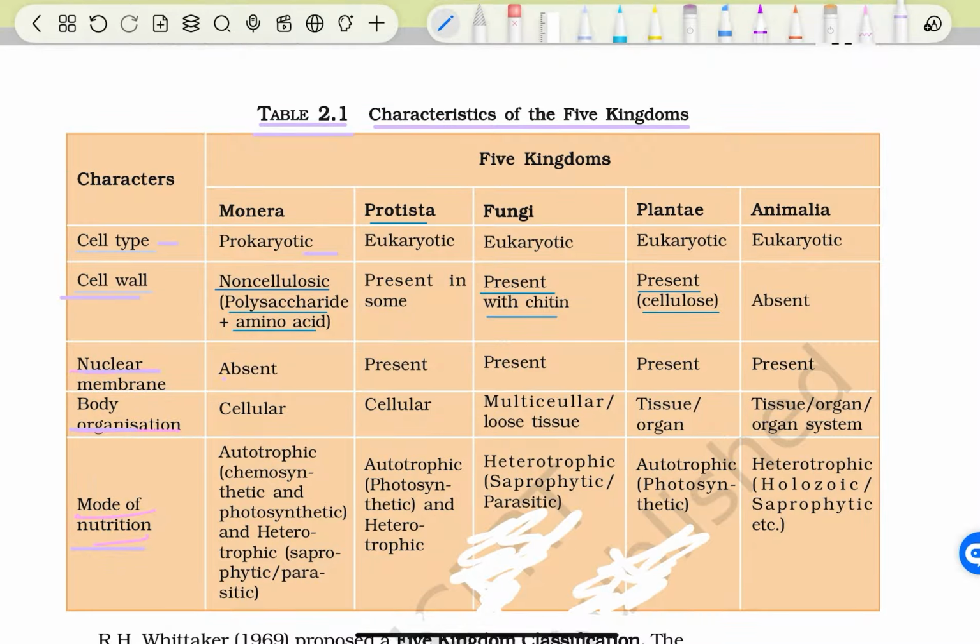In Protista, the cell type is eukaryotic, cell wall present in some, nuclear membrane present, body organization cellular, mode of nutrition autotrophic by photosynthesis and heterotrophic.